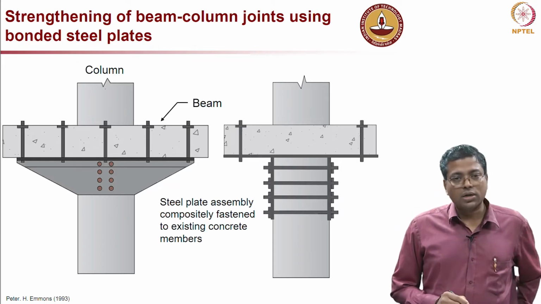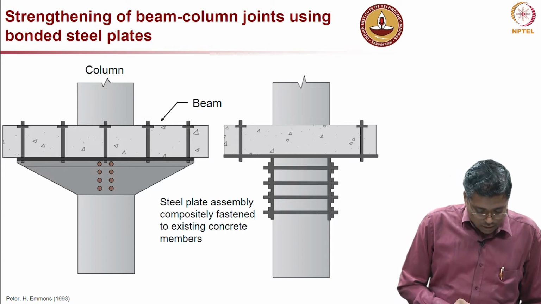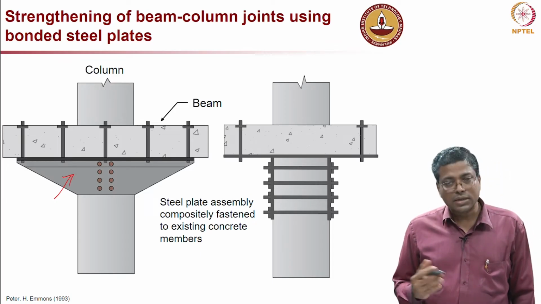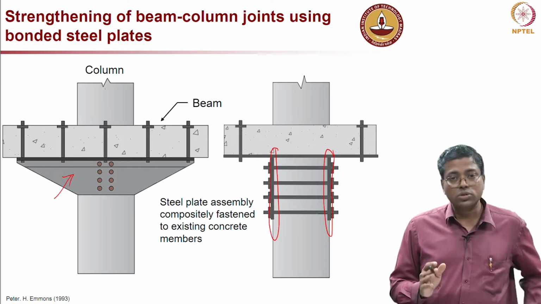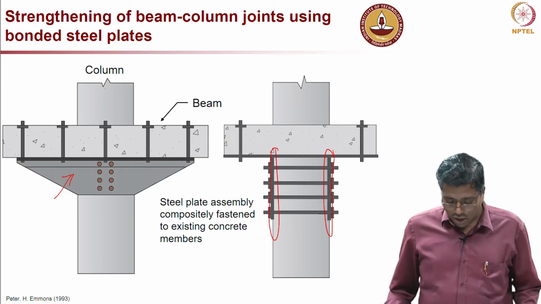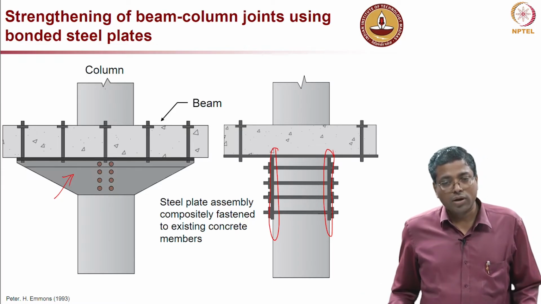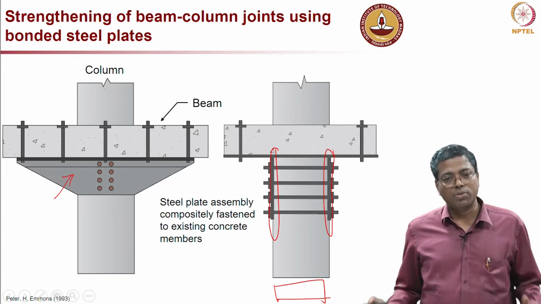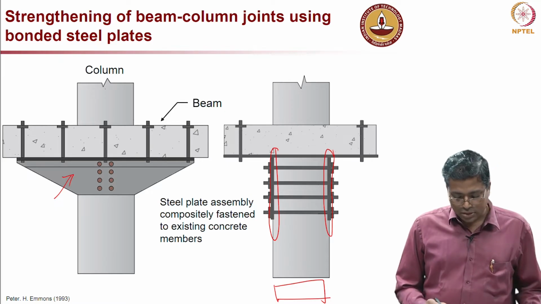So, here it is the bonded steel plate or bonded steel members. What you see here is actually a steel plate, and on the right side is the other side view of this. So, you can see that this is the steel plate we are talking about: two steel plates on either side of the column. This works very well for a square shape. If the column is rectangular or square in shape, then you can provide a steel plate, and this is anchored or fastened to the concrete.